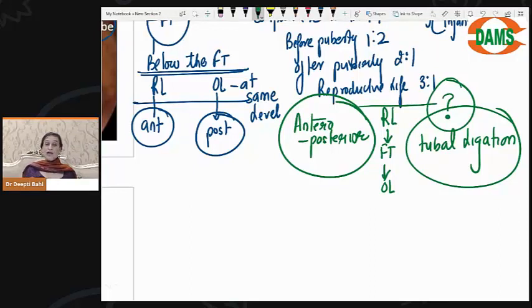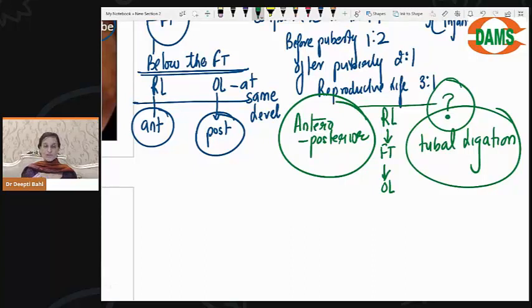Now in tubal ligation, we put the fallope rings, which I will show you, on the fallopian tubes. If I don't know my anatomy well, what will I do? I will put the fallope rings, let's say on the round ligament, and I will tell the patient that I have sterilized her.